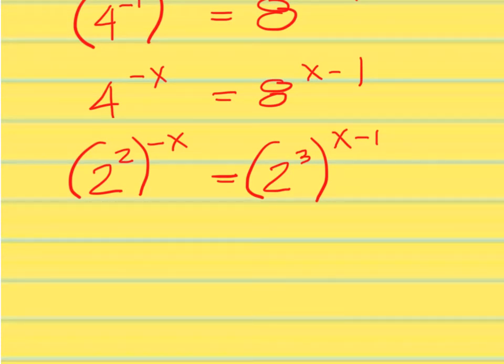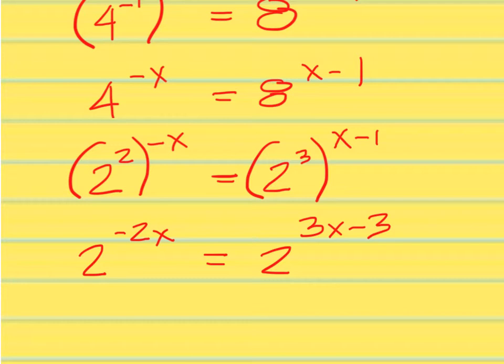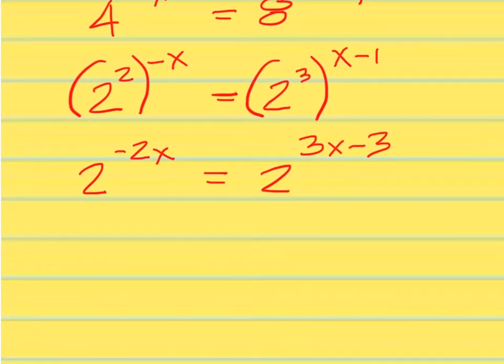Now we multiply these exponents together and multiply these exponents together to come up with 2 to the negative 2x power equals 2 to the 3x minus 3 power. And since we have the same base, we can set negative 2x equal to 3x minus 3.